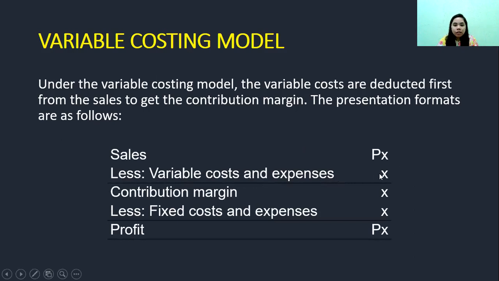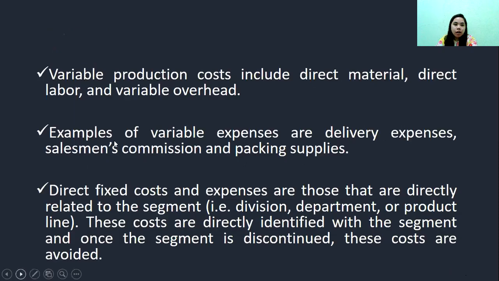So your sales less your variable cost, that would equal your contribution margin. Then when you subtract your fixed costs and expenses from your contribution margin, that is where you get your profit. So this is the variable costing model. Sales less VC is equal to CM, less FC is equal to profit. So that's the variable costing model.